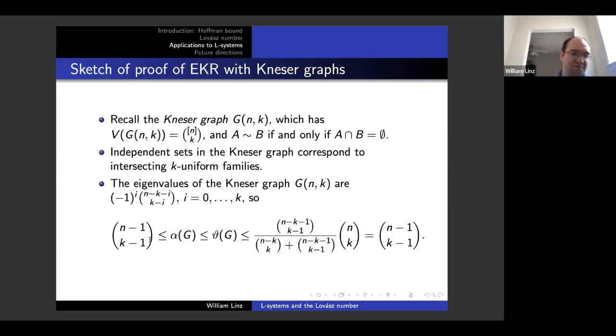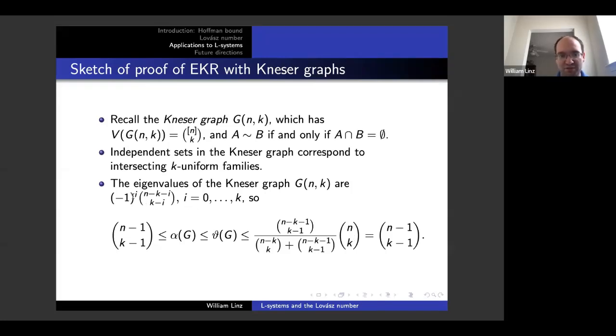So alpha of G is definitely at least n-1 choose k-1, by our previous example of taking all k element sets which contain the element 1. It's bounded above by the Lovász number, and the Lovász number, by the theorem we previously proved, or just by the Hoffman bound even, is at most negative lambda n divided by lambda 1 minus lambda n, times the number of vertices. The number of vertices is n choose k.